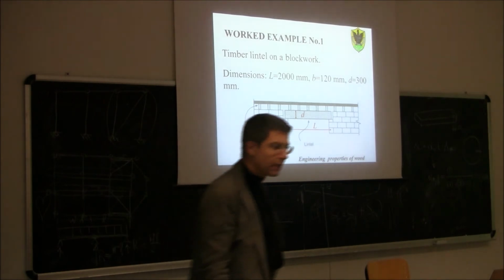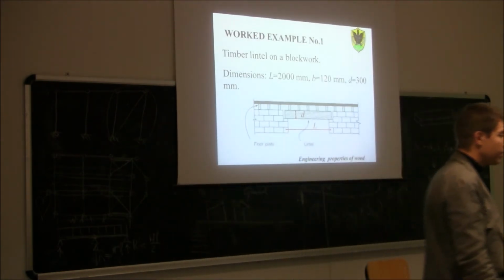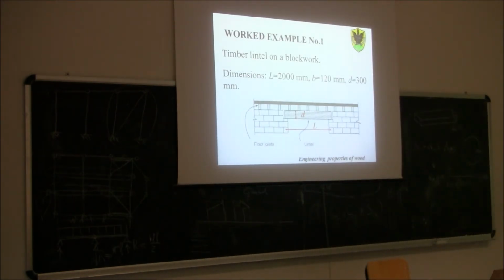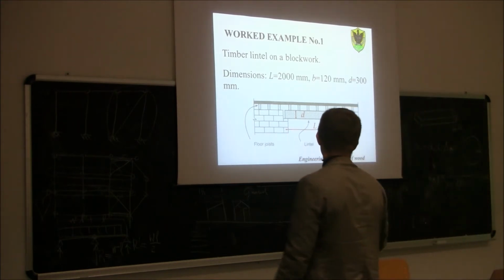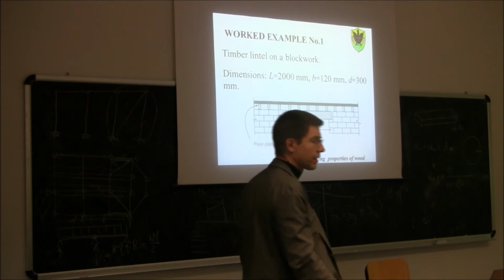We want to calculate, assuming that this lintel has been used green, so at a moisture content above the fiber saturation point, what the shrinkage will be, so how the sizes are going to change after natural drying, at the final moisture content of 12%.